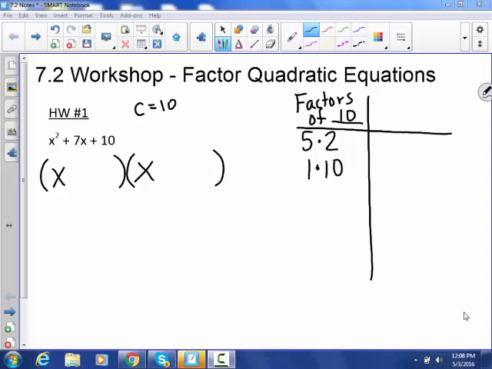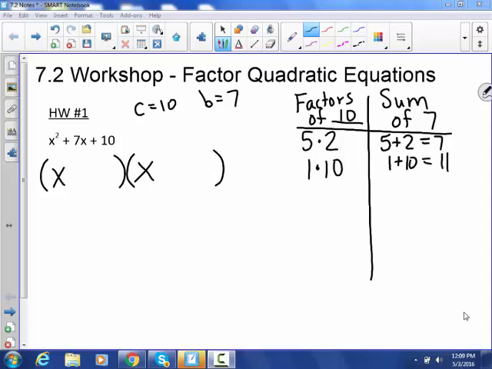Now, those same numbers have to add to be the B term. So what is our B term here? 7. So what's 5 plus 2? 7. What's 1 plus 10? 11.